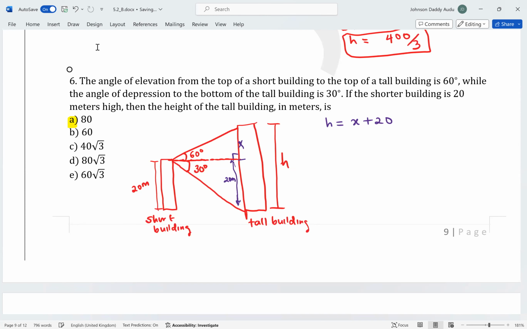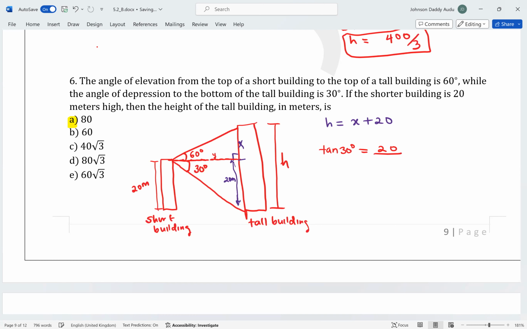To find that distance, you can actually use angle 30. So for example, tan 30 is going to be 20 over, okay, we can call this point y, right?